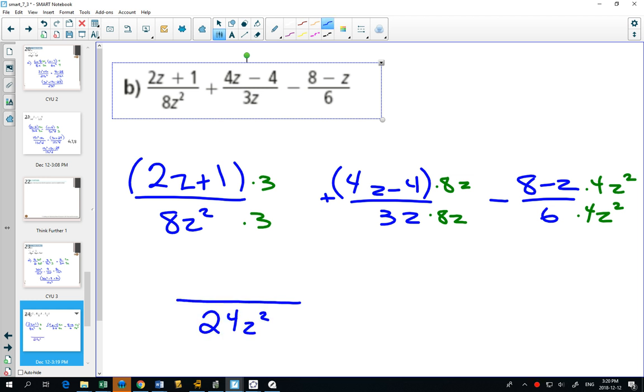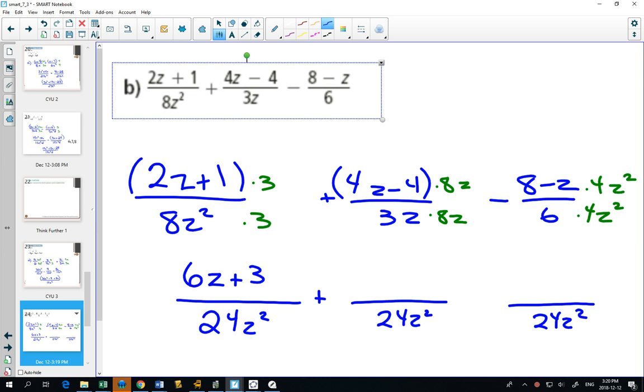24z squared, 24z squared, 24z squared. On the top of this one, we'll have 6z plus 3. Here we'll have 32z squared minus 32z.